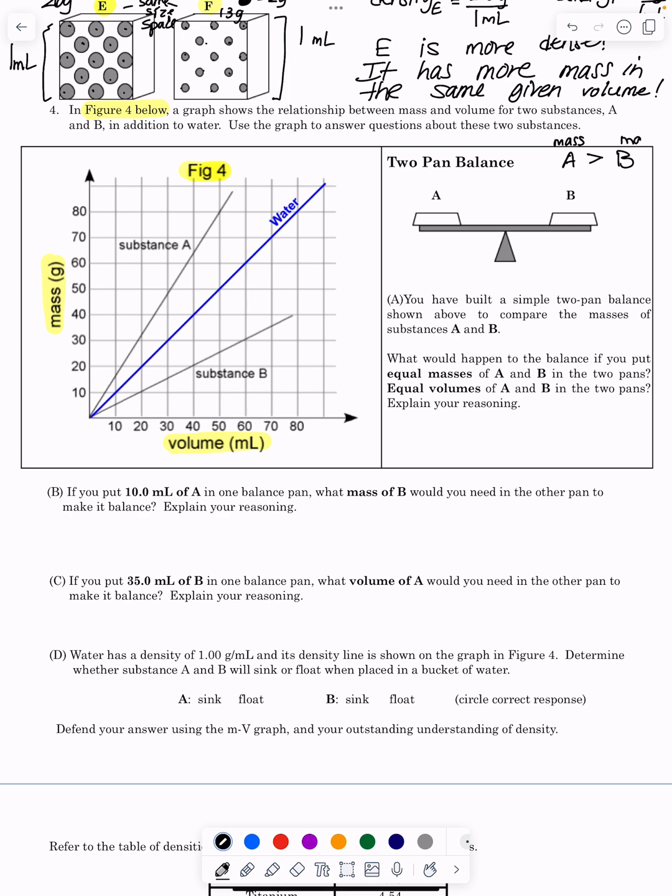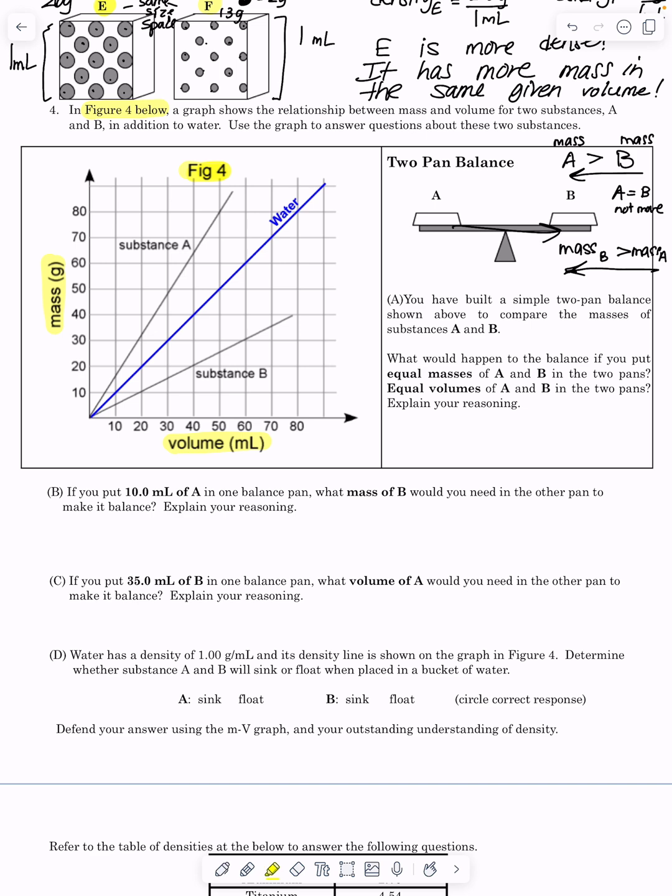If the mass of A was greater than the mass of B, then it would tilt towards A. If the mass of B was greater than the mass of A, then it would tilt towards B. If they are equal in mass, it would not move. So keep that in mind.